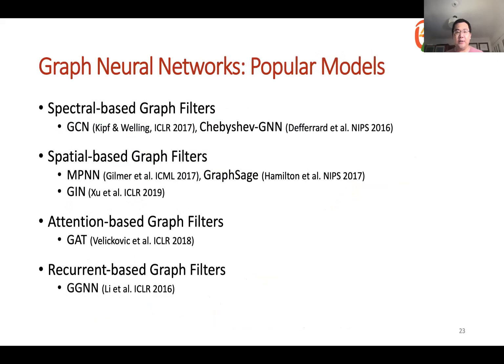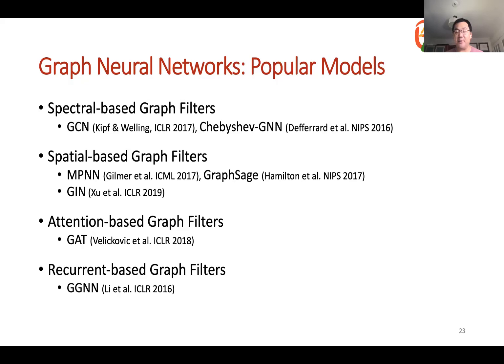So now we are ready to talk about the popular graph neural models. As we discussed before, we have 4 different groups that we try to categorize here. The first group is called spectral-based graph filter. The representative methods are graph convolutional network or Chebyshev graph neural nets. Another group is called the spatial-based graph filter.